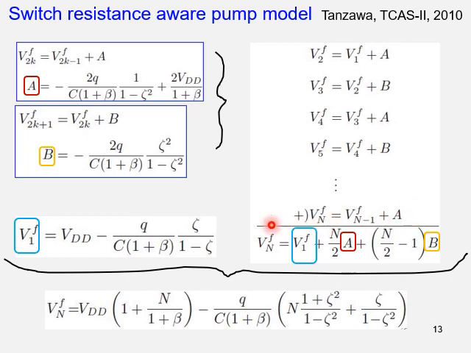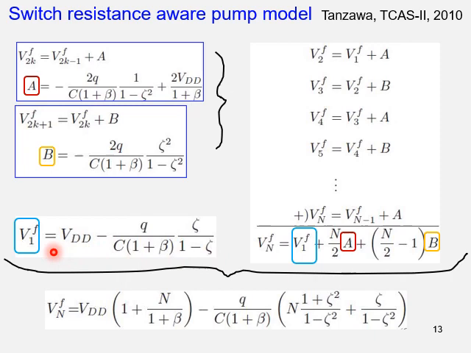Then you just simply add all equations to cancel out intermediate node voltage like this. Then finally, you get the relationship between the last stage and the initial stage nodal voltage like this.